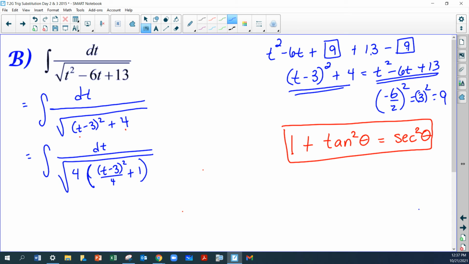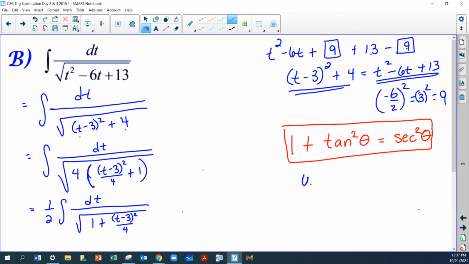Okay, and then that means I could take out a 1/2, couldn't I? dt, and then we're sitting with 1 plus t minus 3 squared over 4.